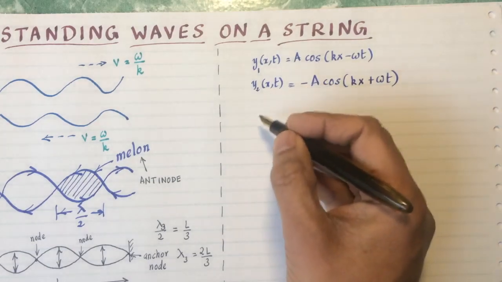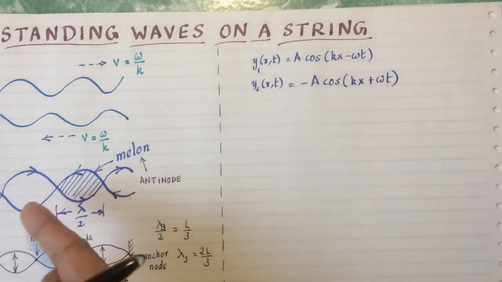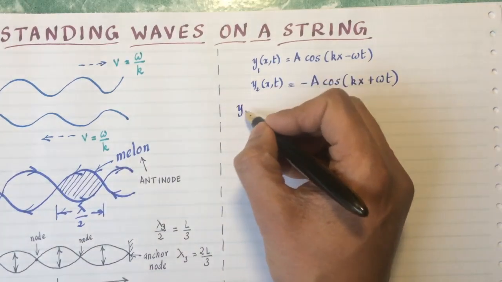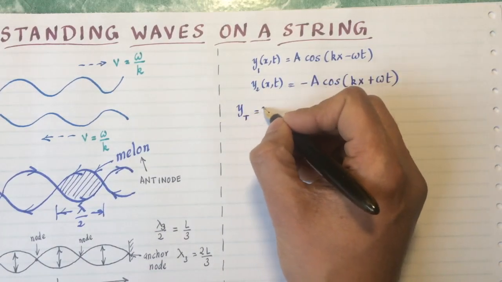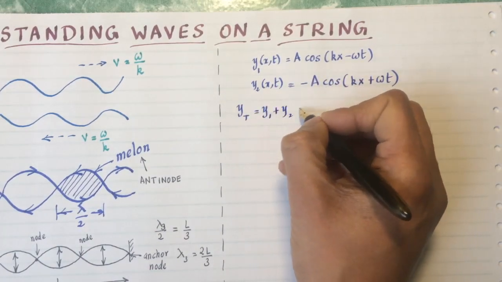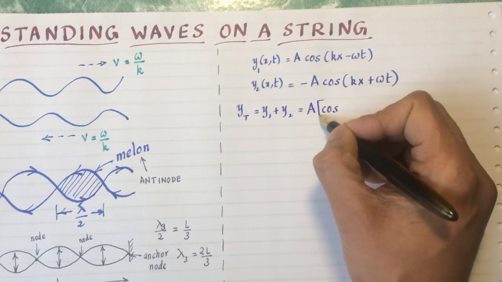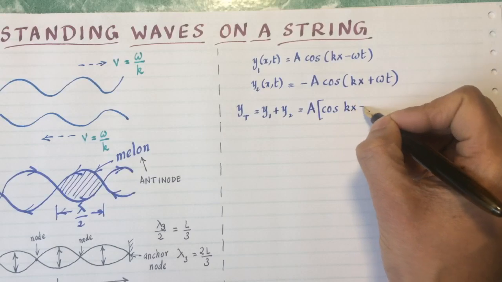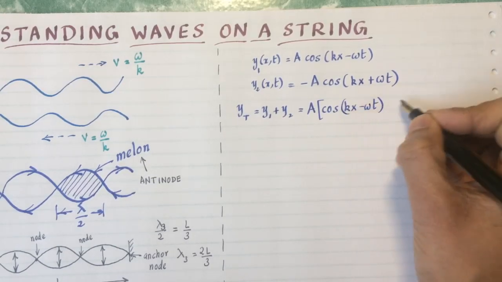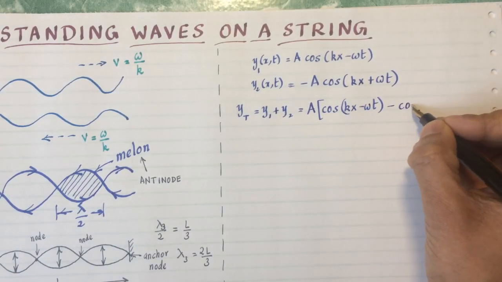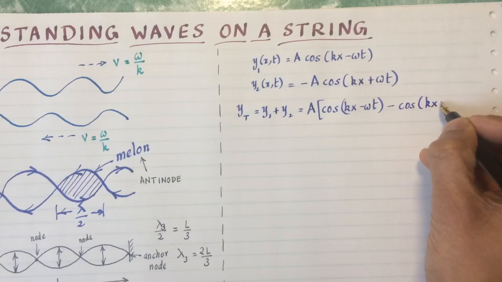So if I add these two mathematically, I would be getting this picture. So let's try that. y total equals y1 plus y2, and I will end up getting cosine kx minus omega t minus cosine kx plus omega t.